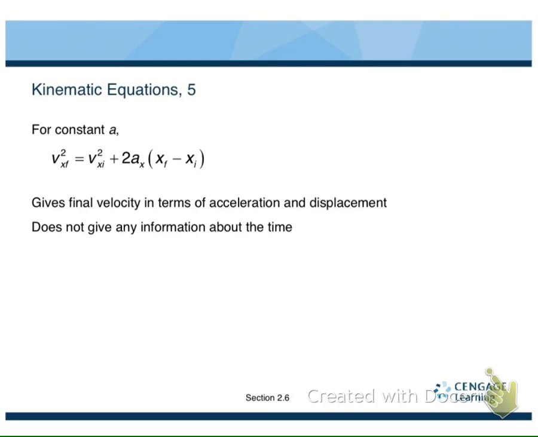And equation number 5. Here we express the final velocity in terms of the initial velocity, the acceleration, and the displacement. You can see that in this expression, there is no t, no time involved.